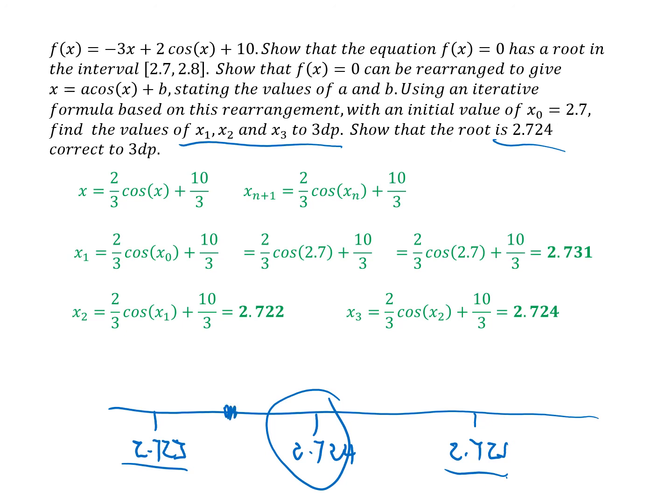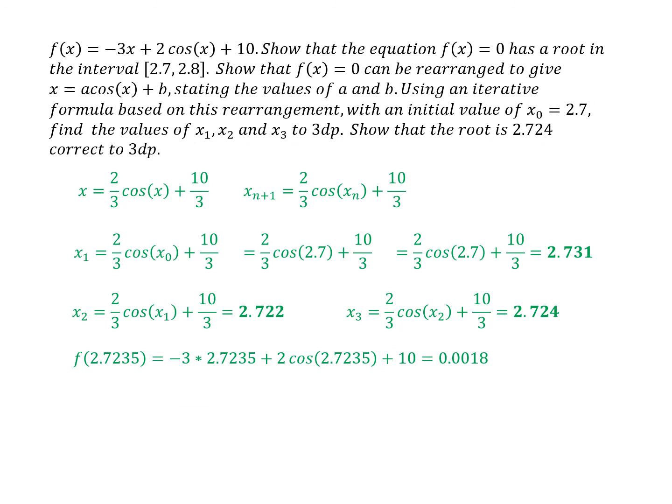I have to show that the root lies somewhere in that interval. So these numbers here, 2.7235 and 2.7245. So f of 2.7235 is a small positive number. f of 2.7245 is a small negative number.